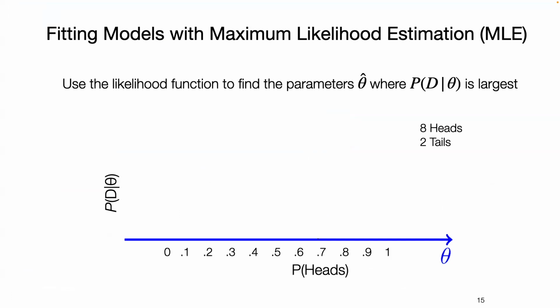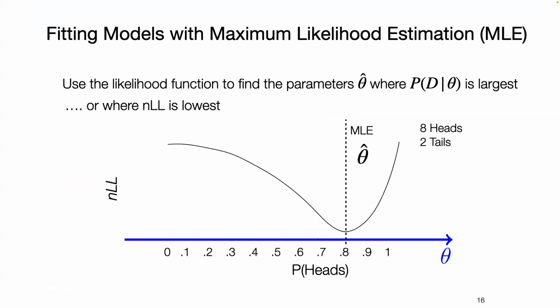For instance, with our coin flip example, if our data gives us 8 heads and 2 tails, then we might estimate the parameter theta hat of our binomial as being 0.8, because that's the most likely. Now, this highest likelihood is also where our negative log likelihood is lowest. So in practice, we're going to try to minimize the negative log likelihood in order to maximize our likelihood. Okay, so be careful. There's some flipping around that.